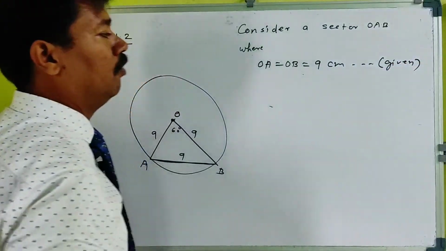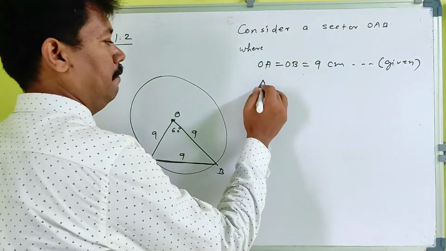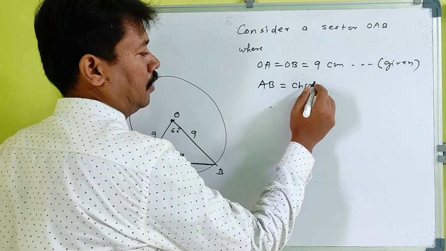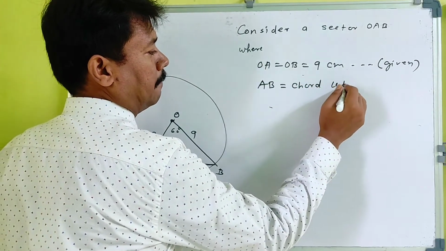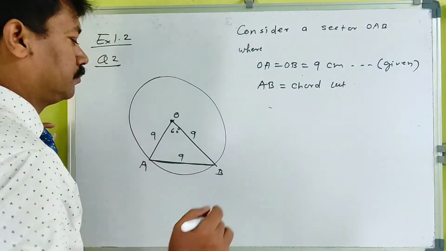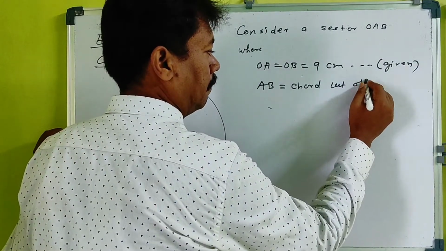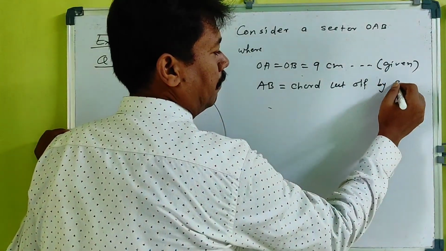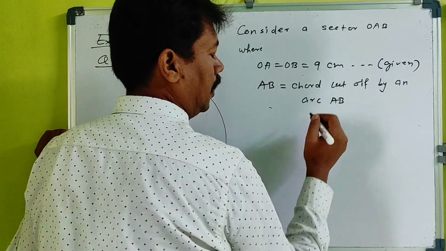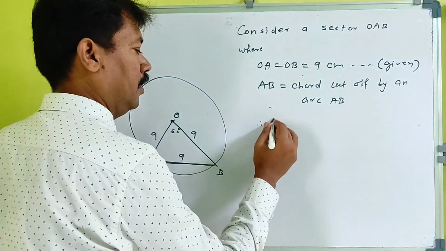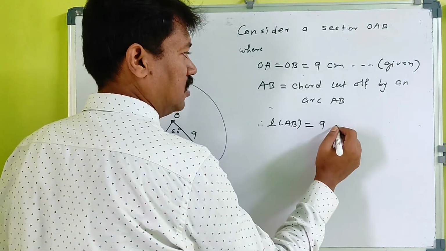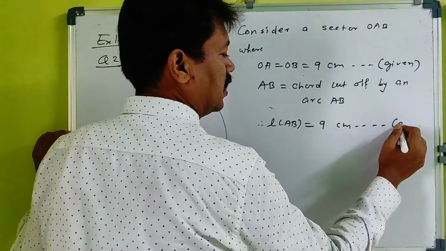And AB is a chord cut off by an arc AB. Therefore, the length of AB is equal to the radius, which is given, so that is also equal to 9 centimeter.